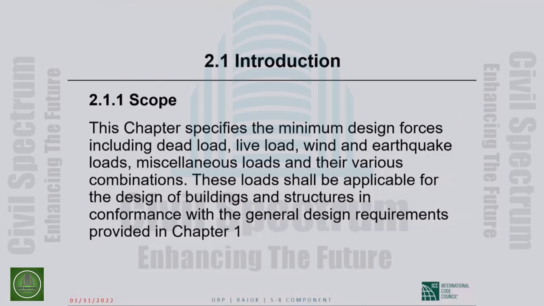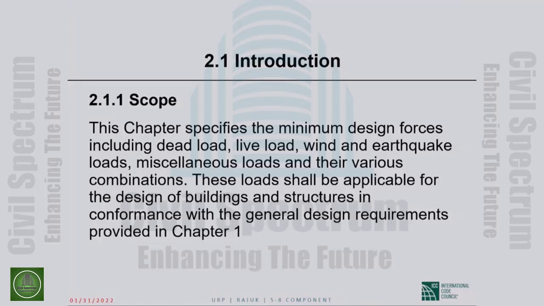Okay, so the introductory part of chapter 2. This chapter specifies the minimum design forces. That word minimum is very, very important. You have to design at least for the loads that are given. You can go higher, you cannot go lower. Okay, so this chapter specifies the minimum design forces, including dead load, live load, wind and earthquake loads, miscellaneous loads, and their various combinations.